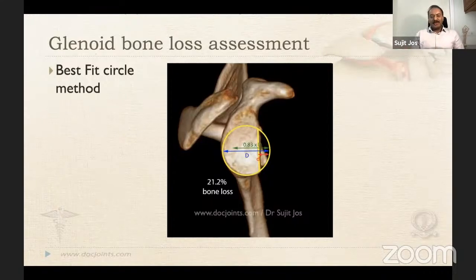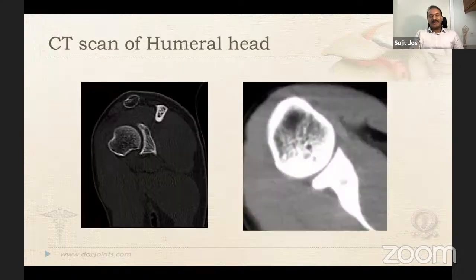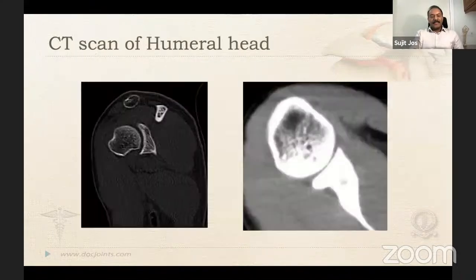So that's again across 20%, where we would think about a bony procedure, or we can debate. That is a normal shoulder. The same best fit circle has been drawn, the same diameter, the 83%, where you can see that it is validated. Both shoulders are compared, where you have a normal good side to compare with.